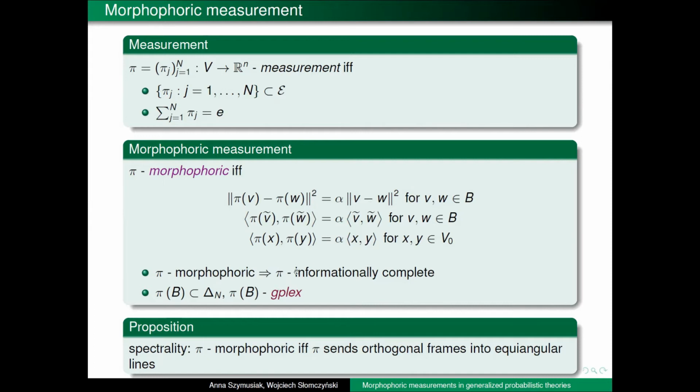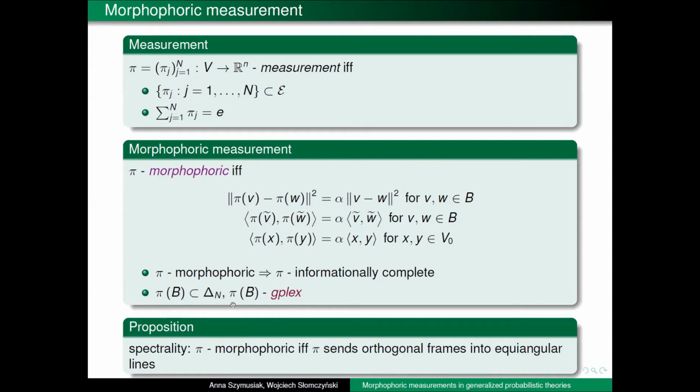Morphophoric measurements are necessarily informationally complete, so they are one-to-one. We can reproduce the state knowing the results of the measurement. And here we have such a simple criterion for morphophoricity. Morphophoric, from the Greek morphophoros, means that the shapes of the objects in B and in this image are just the same.